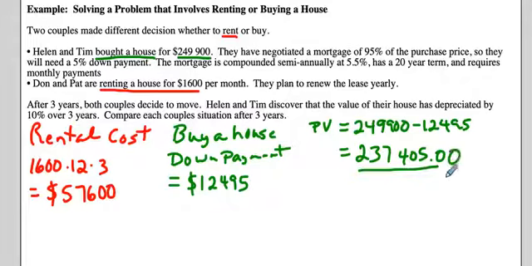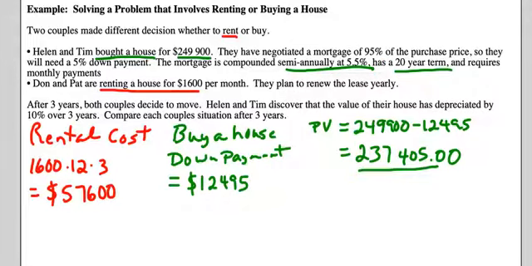That will be what the mortgage will be for. So now we have to figure out how much our payments will be. We're told that it's a 20-year term. We're going to be paying on it monthly, and it's compounded semi-annually at 5.5%.